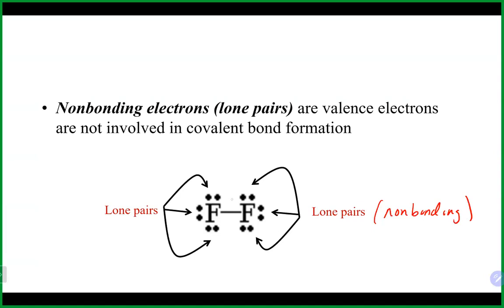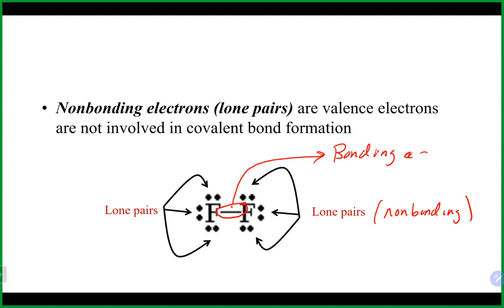Now, the electrons in the middle here, which are involved in bonding, have a very creative name. Those are what are referred to as bonding electrons. So when you draw your Lewis structures, you should always show all the electrons, both the non-bonding electrons, which should always be shown as dots, and the bonding electrons, which in most cases people will show as lines.